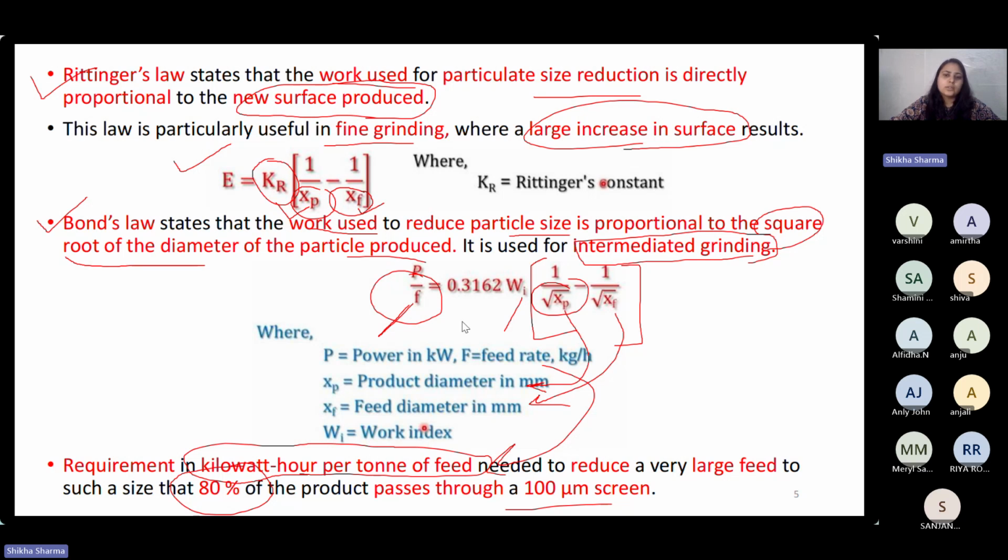So what we are considering here, when we are grinding the coarse particle into the finer particle, is that 80% of the particles should pass through the sieve of 100 micrometer screen. So if 80% of the particles have already passed through that screen, then 80% fine or ground particles will be of that particular size. So then only we will consider that particular diameter.